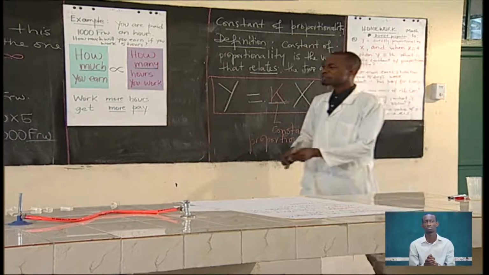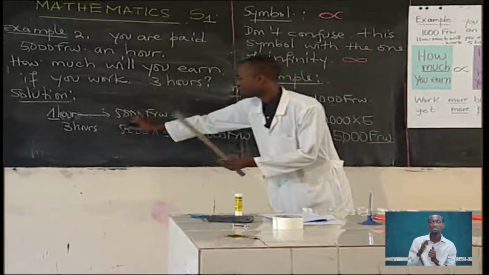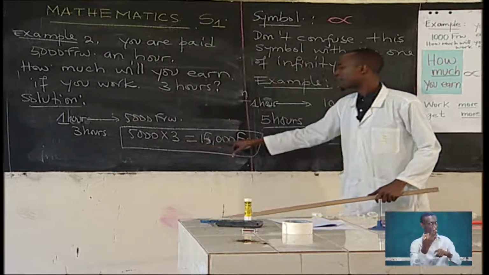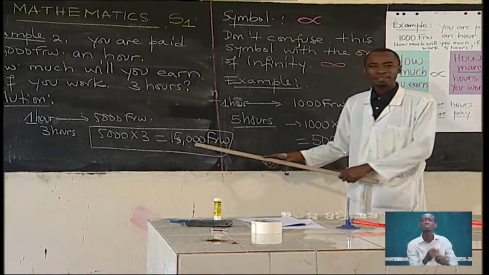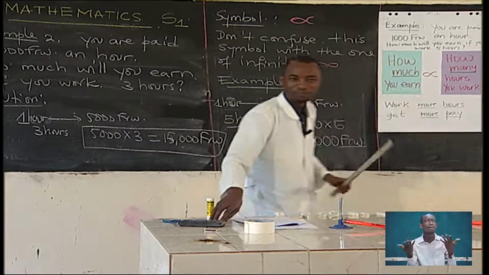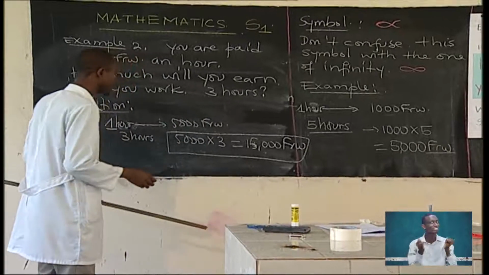So now, based on this example, we have 5,000 times the 3 hours, and it's giving how much we earn within 3 hours. Who can tell me where is the y, where is k, where is x? Let's try to find it together.